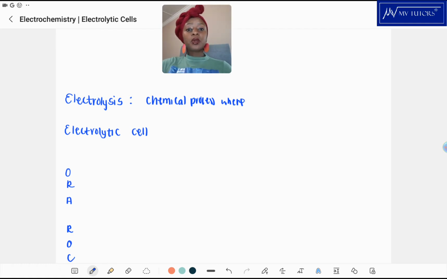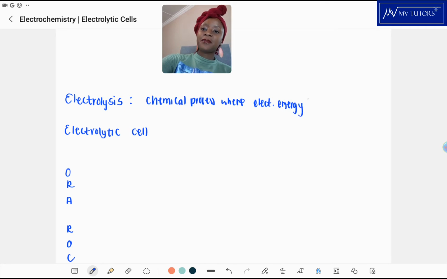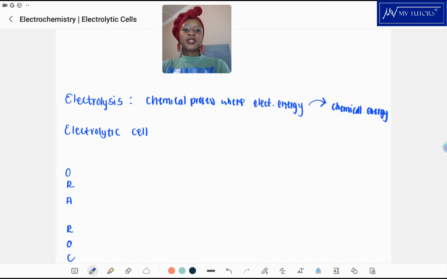In order for the chemical process to begin, we need to power it up. Okay, so that's pretty much that.